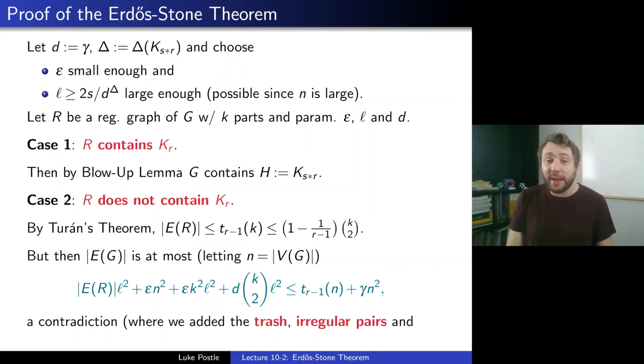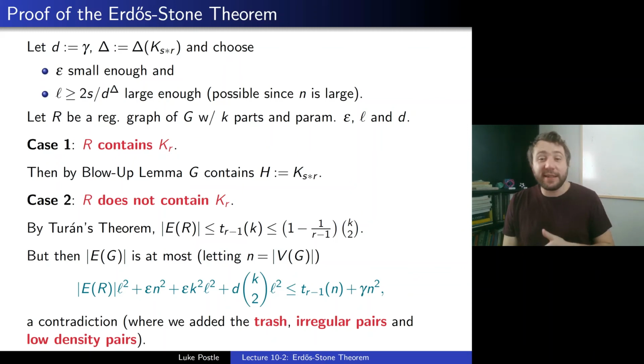So let's just upper bound that with epsilon k squared L squared. And then you have low density pairs. And how many low density pairs do we have? Well, it could be really the whole thing could be low density. So there are at most k choose 2 of those, and each of them could have L squared, but again, low density, so really you have at most d times L squared.